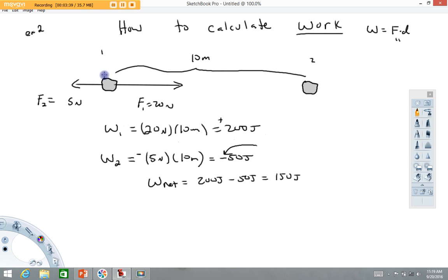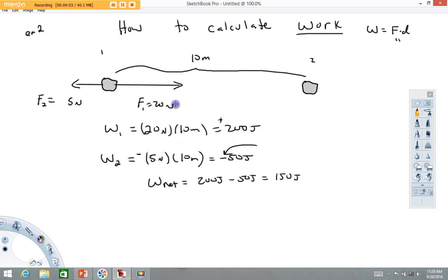If this object were to move this way 10 meters under this force, this force would be doing positive work, and this one would be doing negative work. So again, it isn't because of left and right, it's about the relative direction of the force compared to the displacement. And again, when a force is in the direction of motion, it does positive work. When it's in the opposite direction, it does negative work.